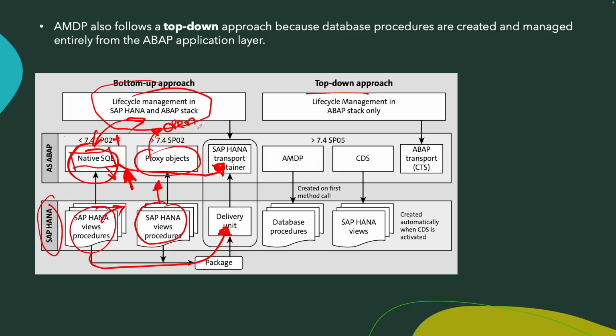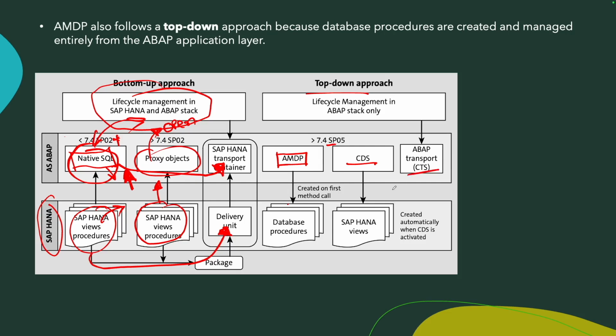To simplify this, SAP came with the top-down approach, and inside this top-down approach we have AMDP and CDS. This is available for version 7.4 SP05. SP means support package. In AMDP, when you transport, you use CTS.